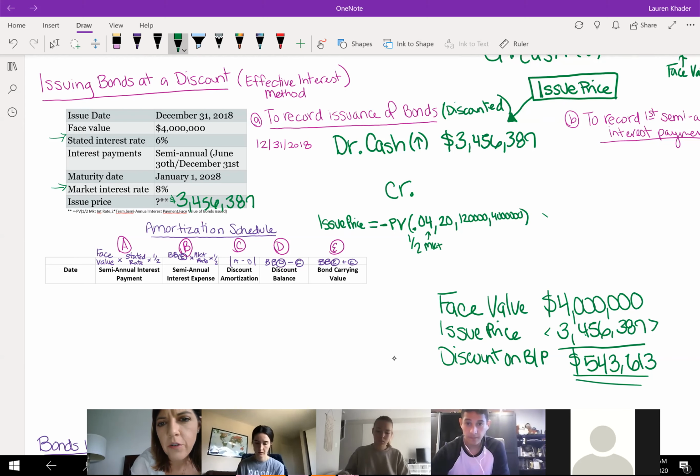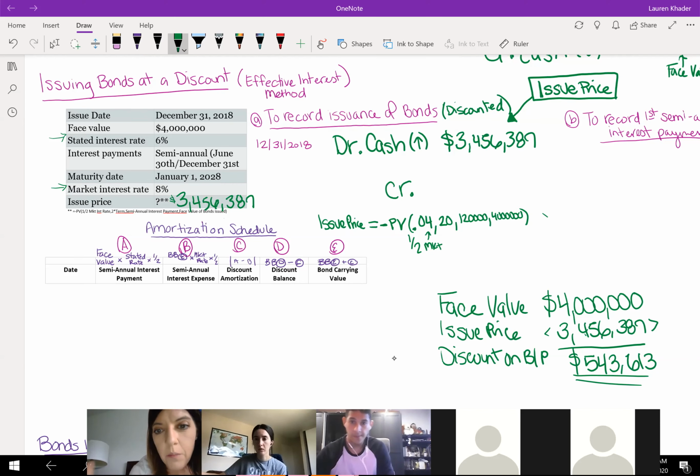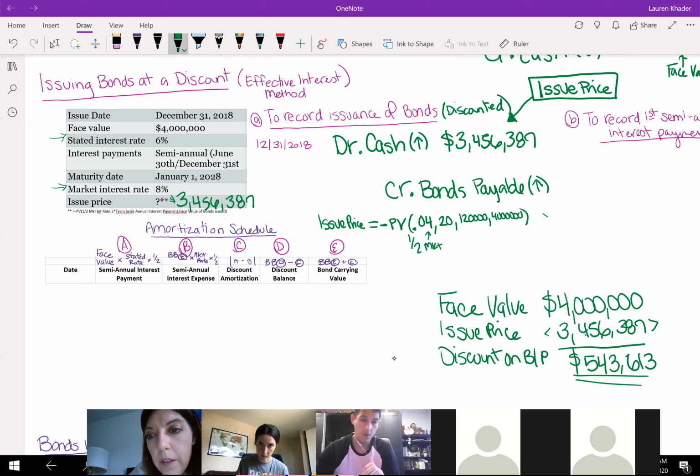What's my credit to? There's a reason why I skipped a space, because we're going to fill it in with something. The face value of the bonds. So we're going to credit bonds payable, and what's recorded in bonds payable is always face value, which is 4 million.